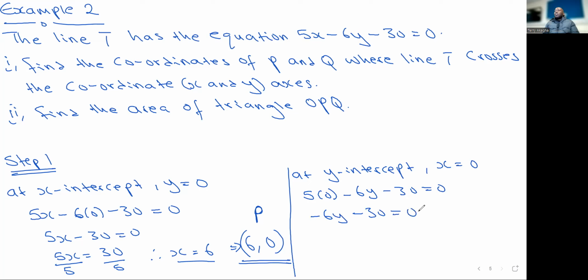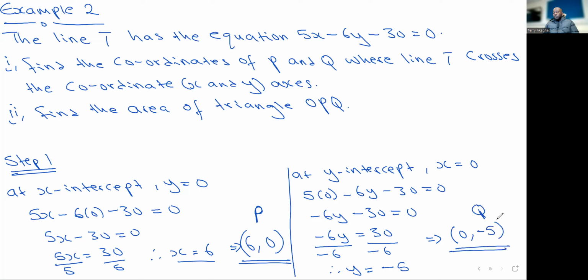You take minus 30 to the other side, so minus 6y will be equal to 30. Divide both sides by minus 6. Therefore, y will be equal to minus what? 5. So when x is 0, at y-intercept, y is going to be minus 5. And this is point Q.